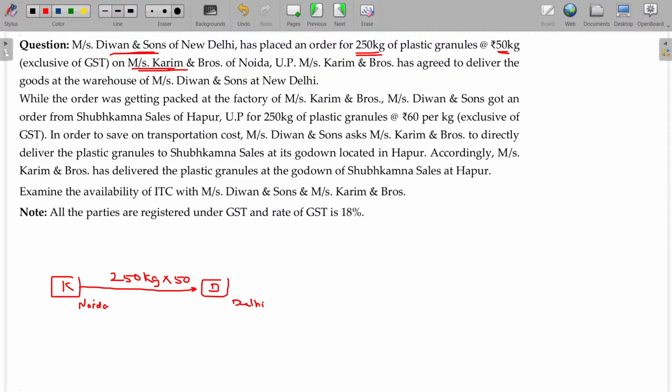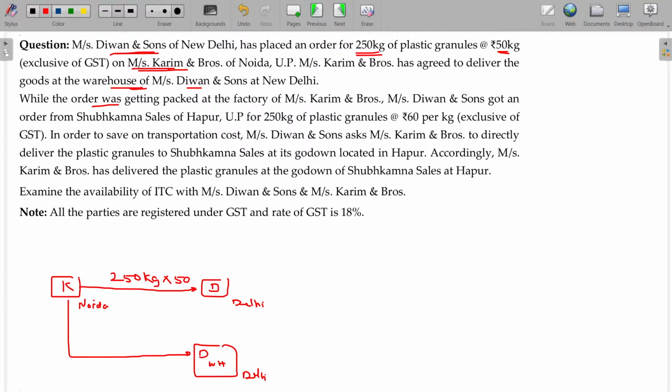Karim has agreed to deliver the goods at the warehouse of Mrs. Diwan Sons in New Delhi. The goods are delivered where? Diwan Sons warehouse, also being in Delhi.